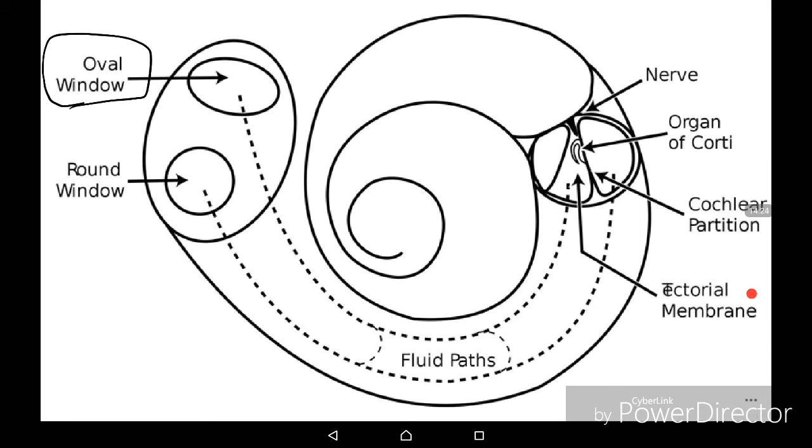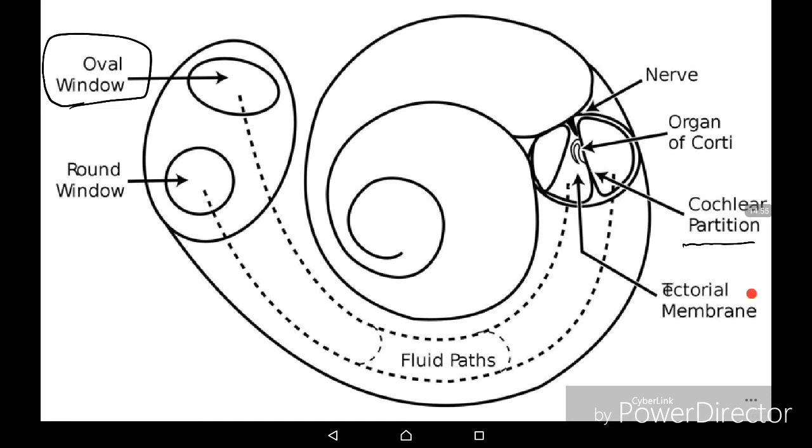Here we may see the oval window in the left upper corner, and the fluid path is going along the cochlea. The cochlea makes 2.5 turns, and then back in the cochlear partition, and just to the round window.